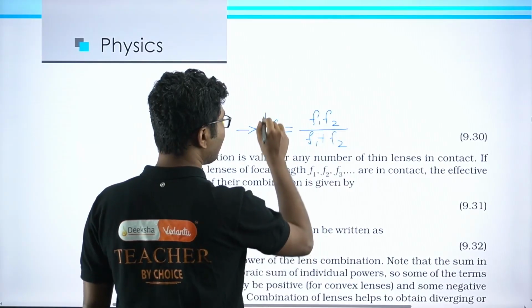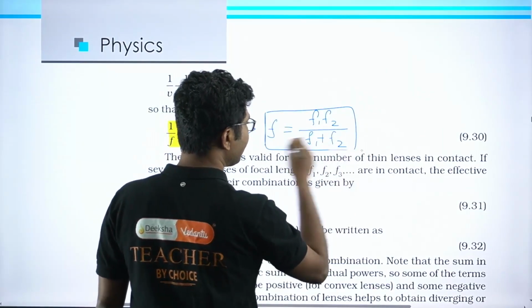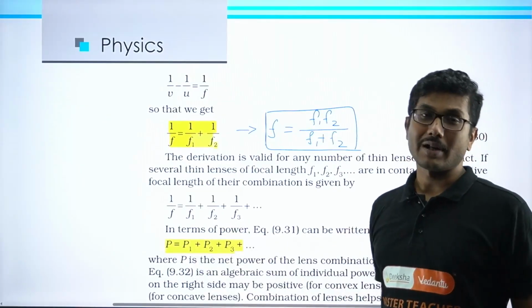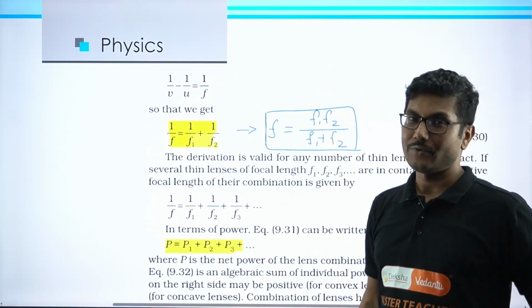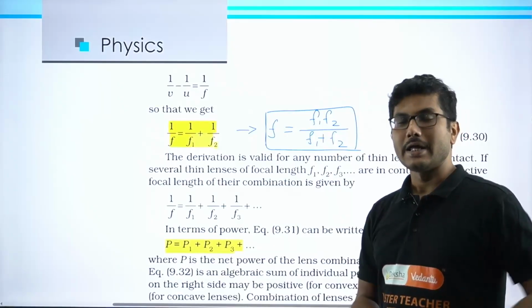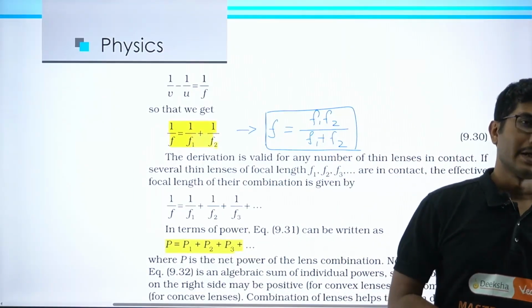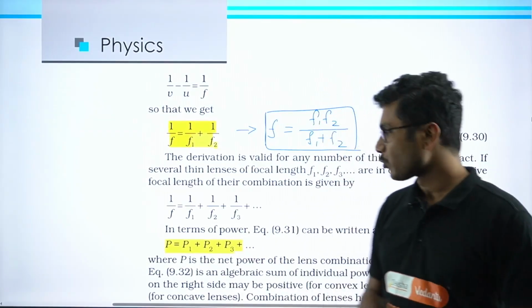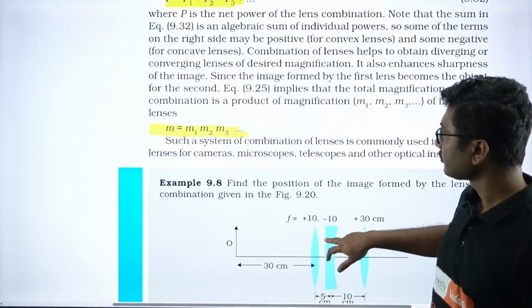This is a shortcut formula you can remember, or you can use the other formula, whatever is comfortable with you. And in terms of power, powers just get added. If you are considering two lenses in contact and trying to find the total power, it will be the sum of all the powers, P1 plus P2 plus P3 plus P4. Easy.